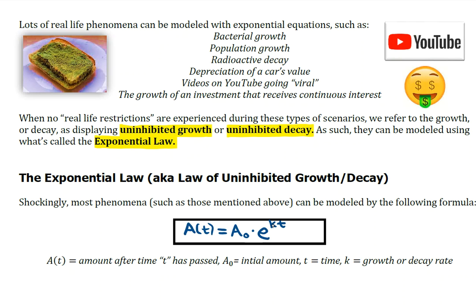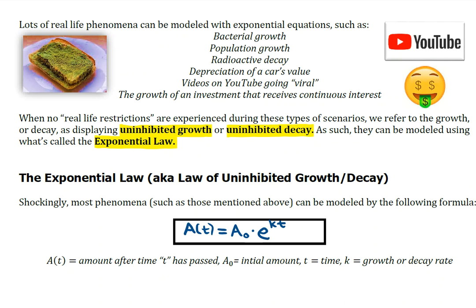If we knew the value of k and the number of years or months or seconds, a specific value of t, then we'd be able to predict how much of whatever it is that we're studying, say bacteria or people representing the population of a city, we'd be able to predict future values.